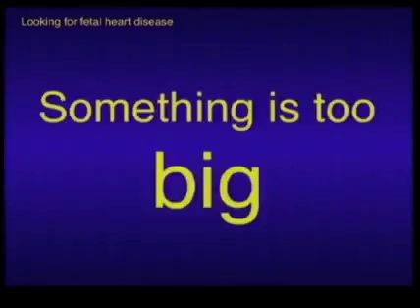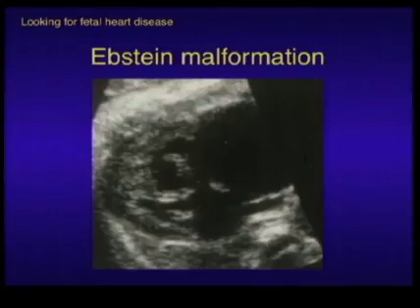We might also see that something looks too big. And here's an example of a fetus with something that's too big, actually two things that are too big. The right side of the heart is towards the top here. The left side of the heart, we've got the left atrium close to the spine, we've got the left ventricle, and clearly the left side of the heart is smaller than the right side of the heart, or the way I guess I should put it is that the right side is big compared to the left side.